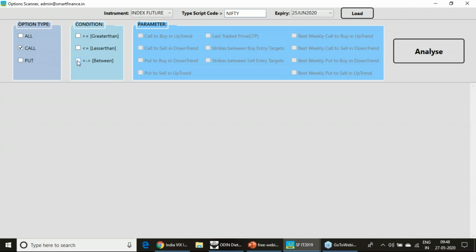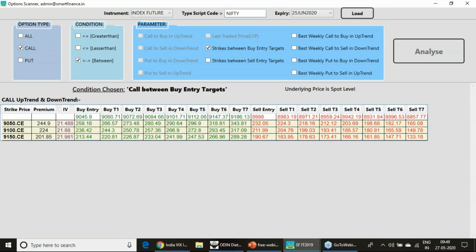We are going to trade call options. Out of these three conditions, I am entering the last condition, and I am going for the strikes between buy entry and targets, and I am just hitting here. This is telling me these three strikes are the only ones eligible for today for intraday. The Nifty spot level is also mentioned here.